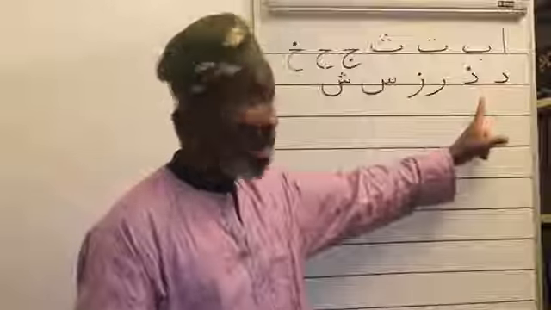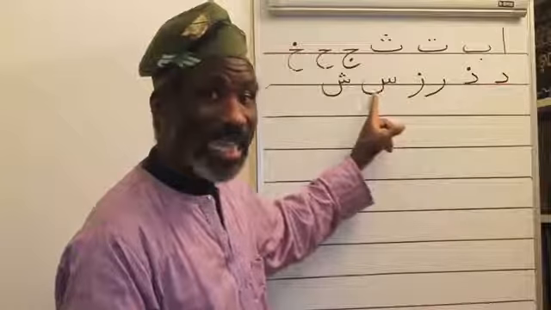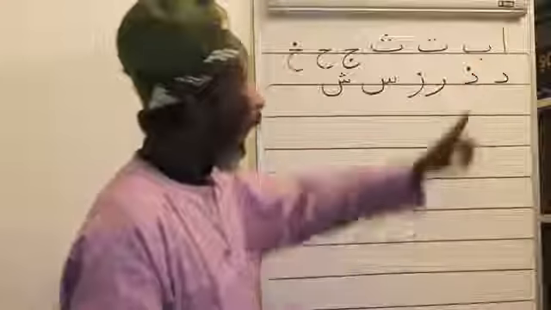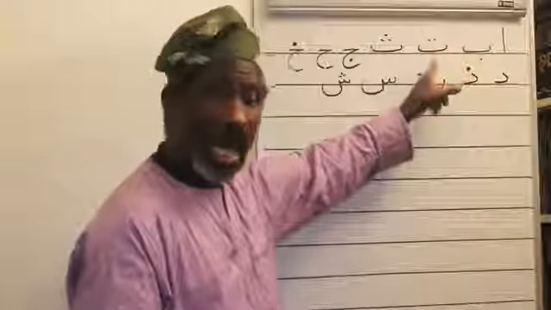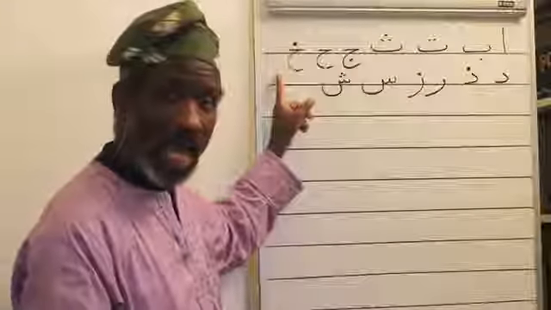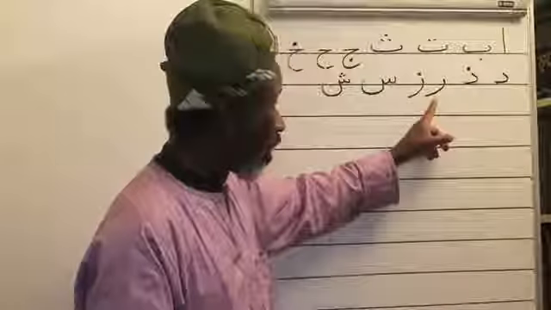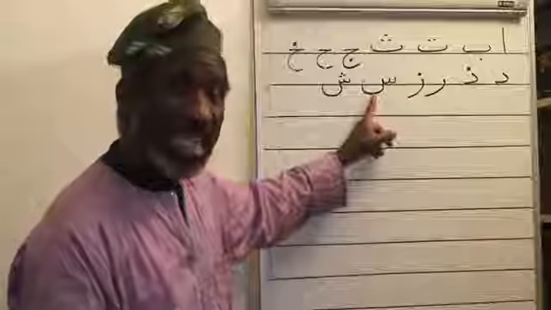Dal, val, ra, za or zain, seen, sheen. Alif, ba, ta, tha, jim, ha, kha. Dal, val, ra, zain, seen, sheen.